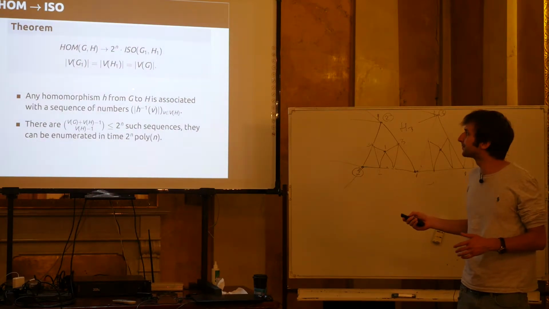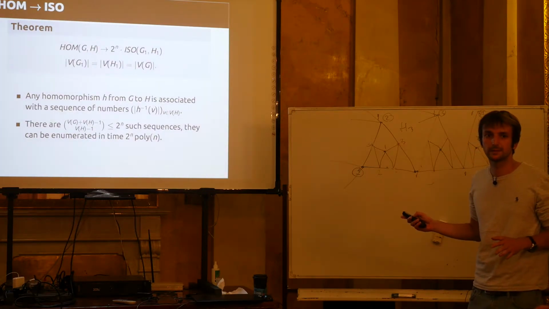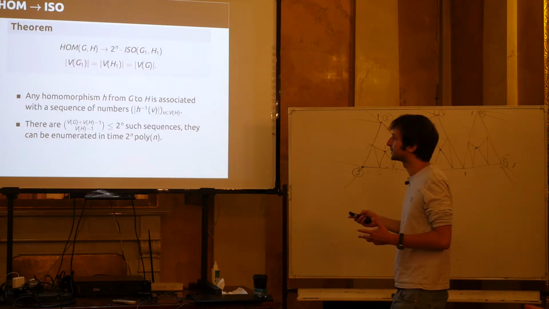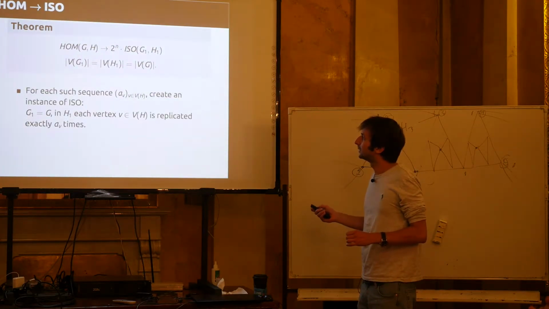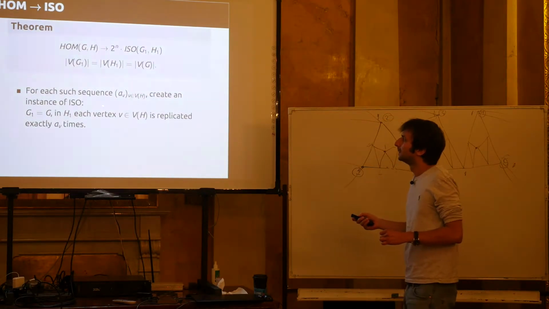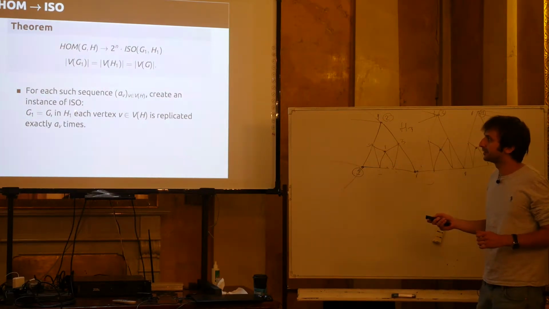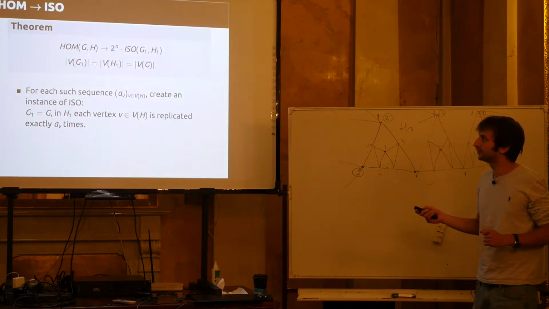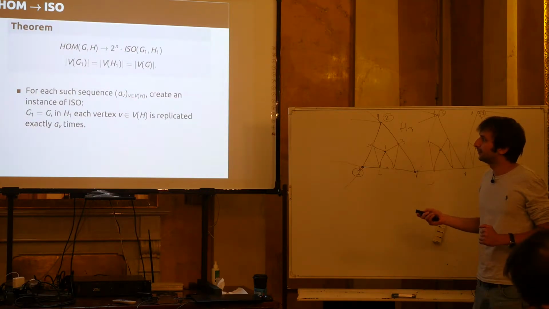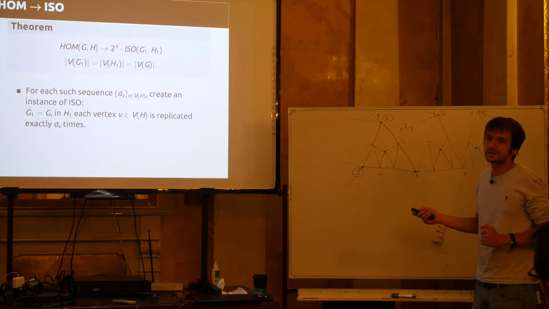So far we guessed for every vertex of H how many preimages it has, if there exists a homomorphism. Now we're almost done. Assume we guessed one sequence. Now we create an instance of subgraph isomorphism where the left graph is the same as the left graph in the homomorphism, but in the right graph you just replicate each vertex this many times.